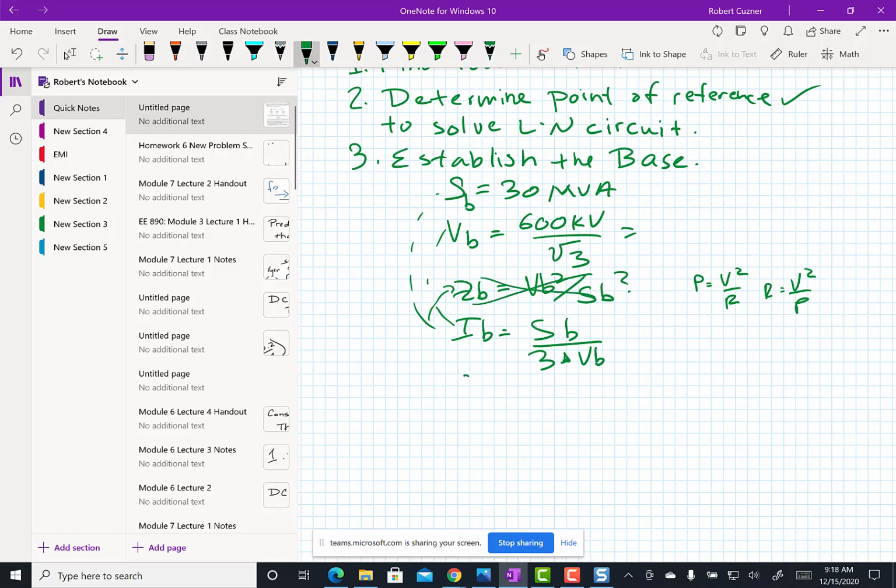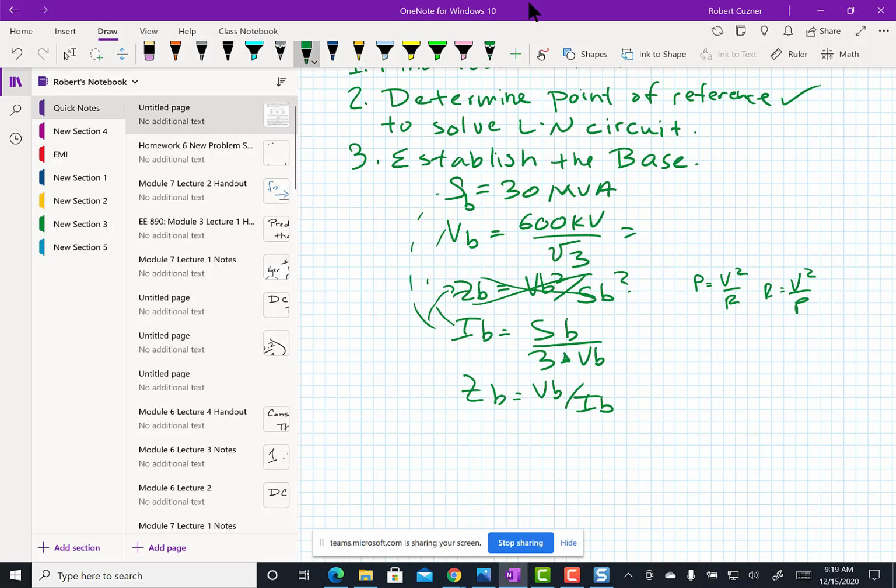I say Z base is V base over I base, because I know that is correct. It's the per-phase impedance of the base circuit. So that's your first step, and I'm going slowly. This is not really a long problem to solve if you know what to do.